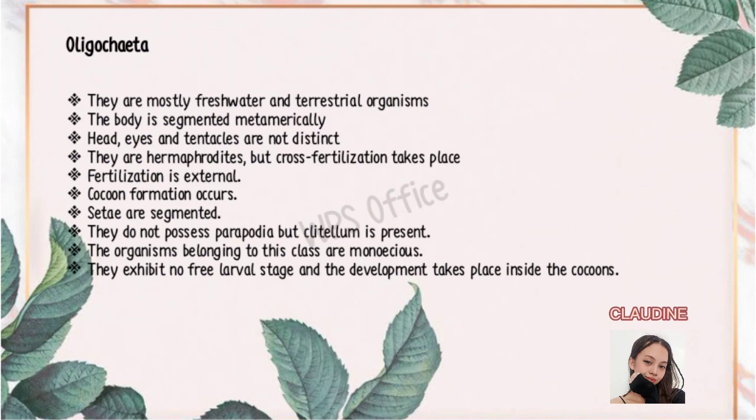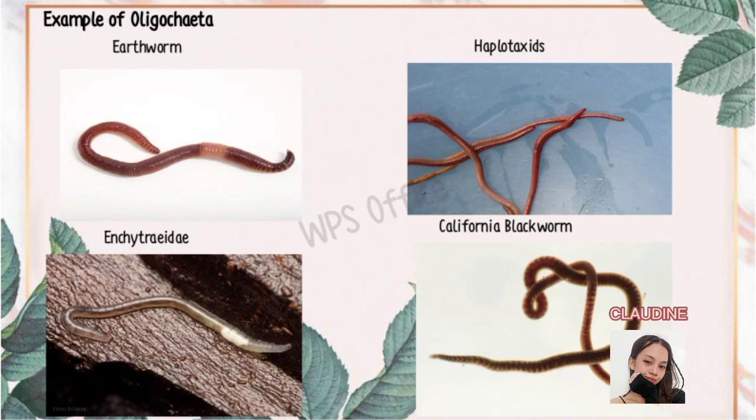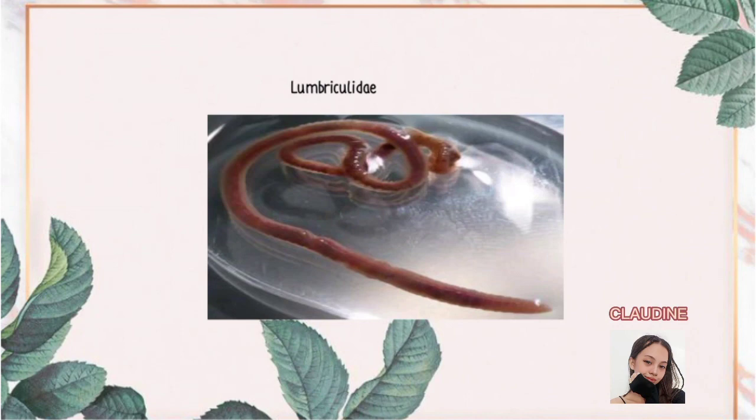They do not possess parapodia but a clitellum is present. The organisms belonging to this class are monoecious. They exhibit no free larval stage and development takes place inside the cocoons. Here are examples of Oligochaeta: earthworm, Haplotaxida, Enchytraeidae, California blackworm, and Lumbricidae.